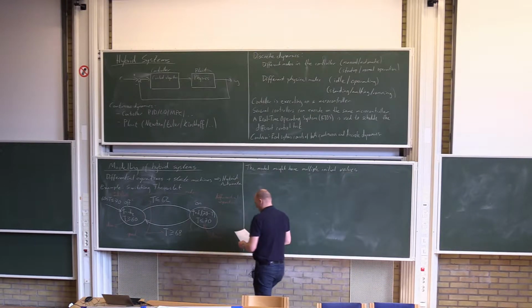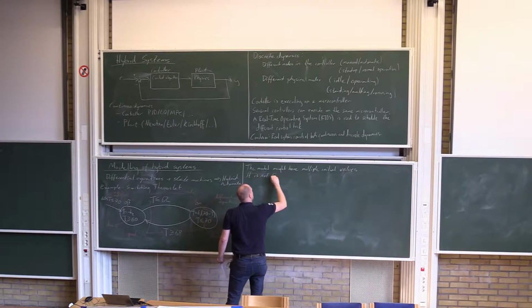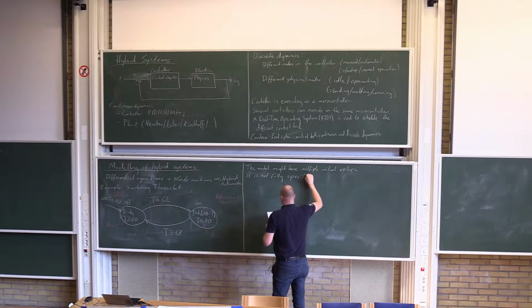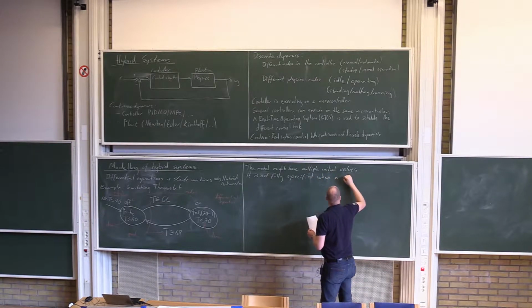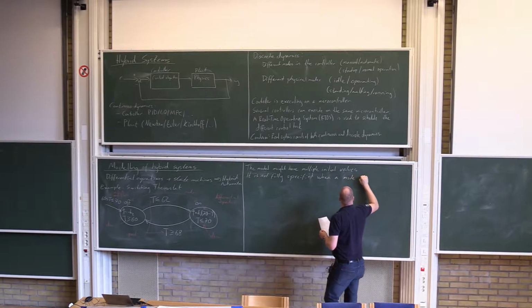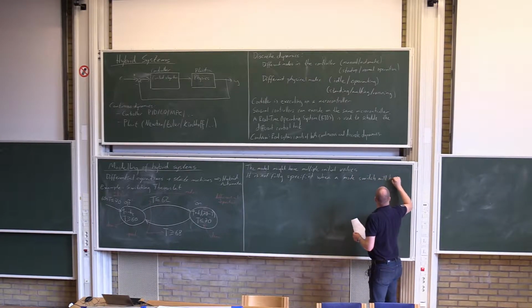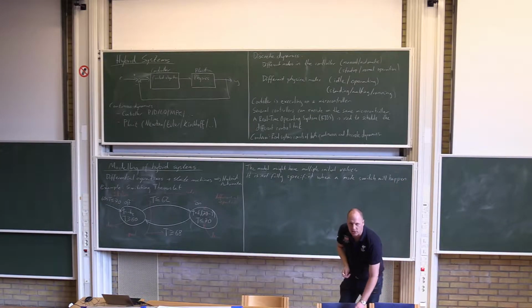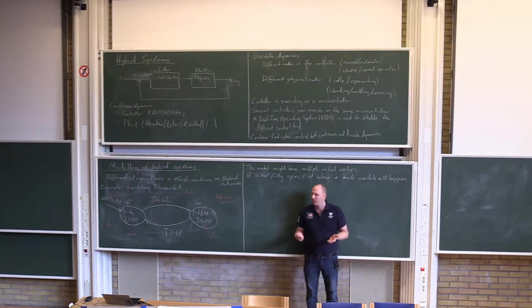And it is not fully specified what will happen, or when a mode switch will happen. Think about events in the discrete event systems course. You have, for example, uncontrollable events.